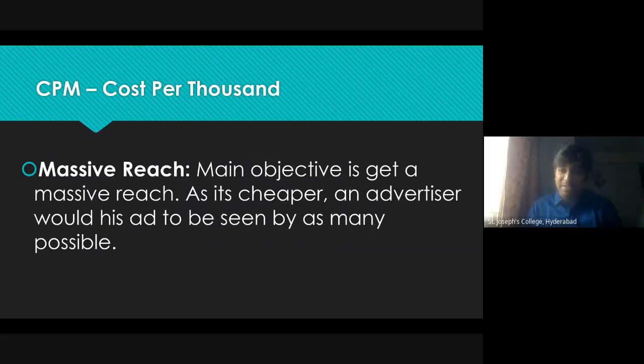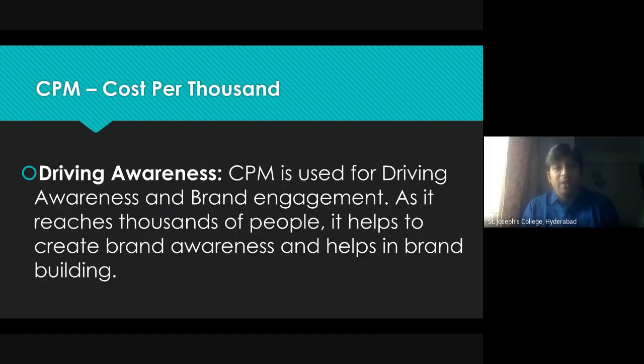In the same way, with CPM, when you want your campaign or product or brand to reach as many people as possible, the best thing one can go for is CPM. And definitely it's very much cheaper because as it is calculated for every 1,000 views or impressions, it is cheaper than other modes of advertising.